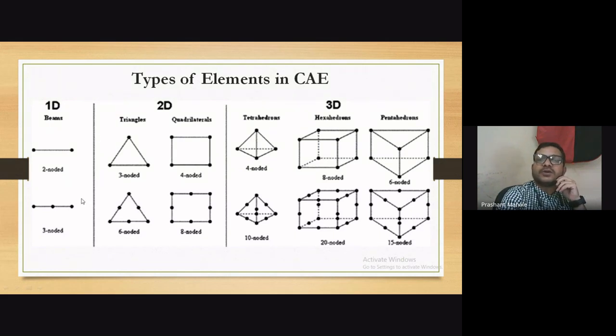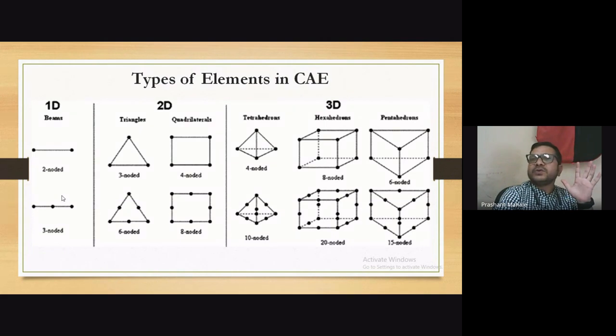Concentrate on the names, because names are always given in the analysis software. When you want to select the element, you have to recognize that type of element by the name, not by the shape. You can see the 1D element here, 2 nodes, whereas a 3 node 1D element is also used.